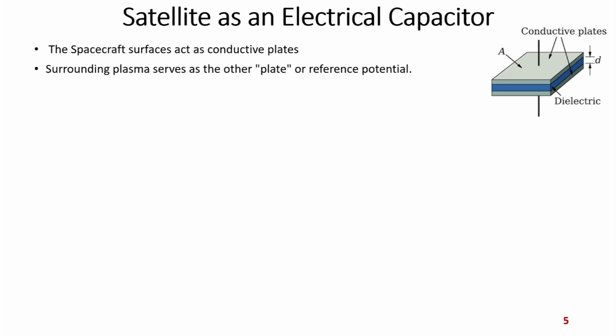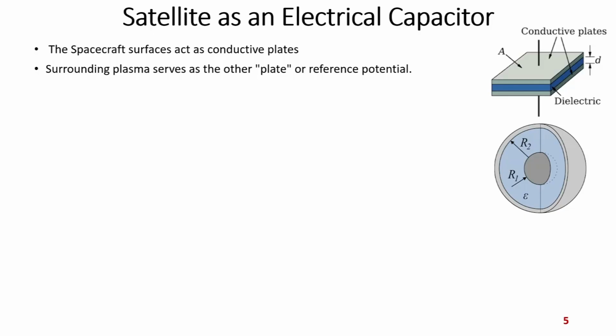And the surrounding plasma will serve as the other plate, or the reference plate, where we will consider the potential to be 0. We will do this later when we do the mathematical modeling. So, you can consider it as a capacitance formed between the plasma and the spacecraft.